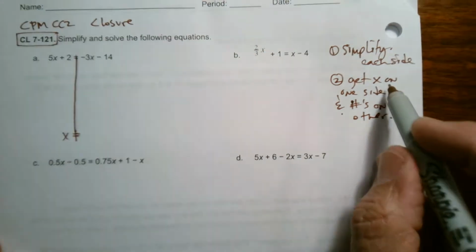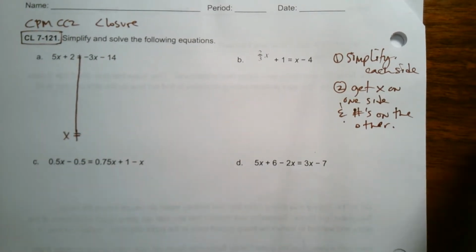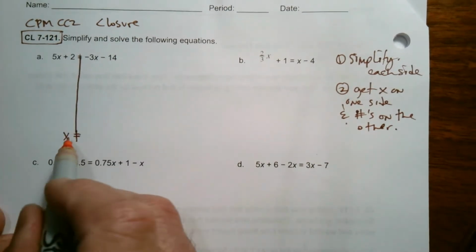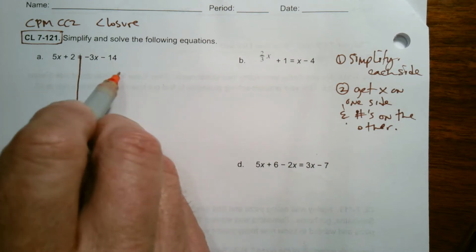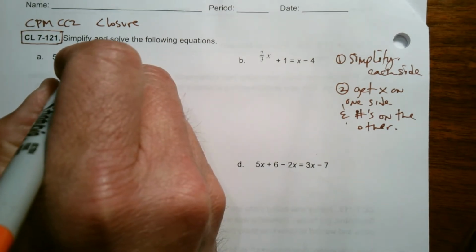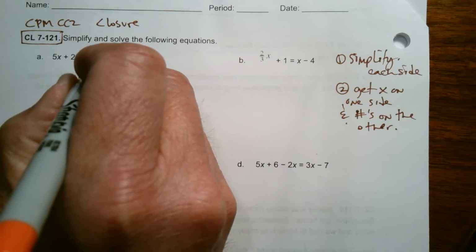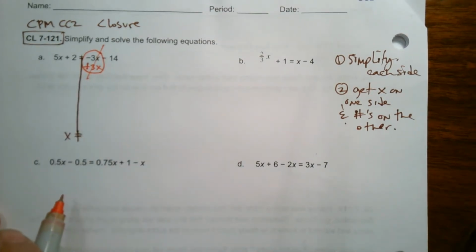So let's do that. If I want x on one side, let's say I choose this side, I want all my x's to end up here. That means I've got to get rid of them from the other side of the equation. The opposite of negative 3 is positive 3, so negative 3 plus positive 3 becomes a 0.